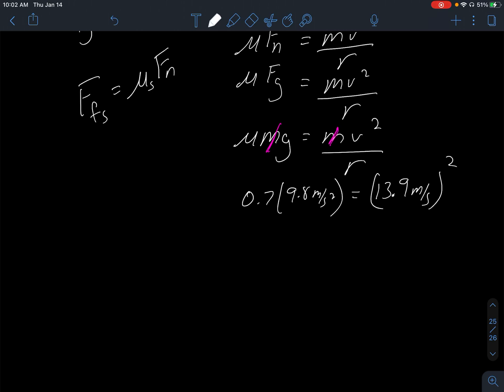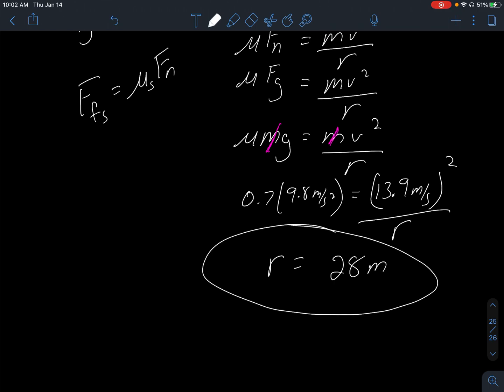Remember to square that. And we're going to solve for the radius. So we plug that all in, and we get a radius of our turn on our highway of about 28 meters. So that way we don't get sued by drivers for sliding off the road and crashing.